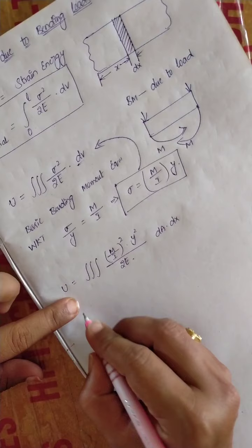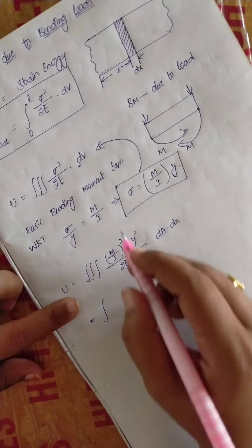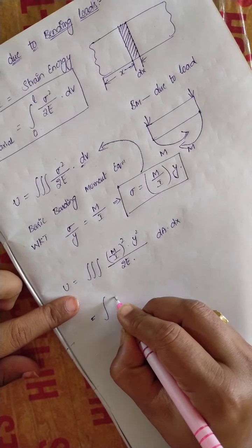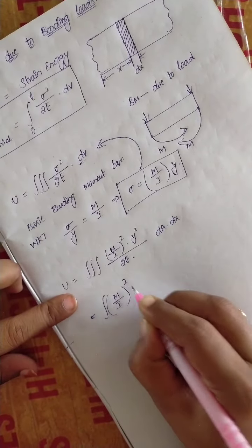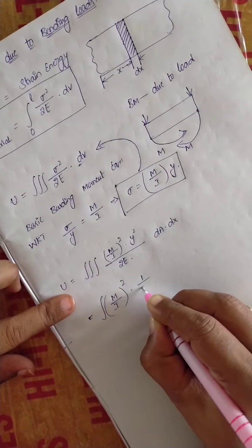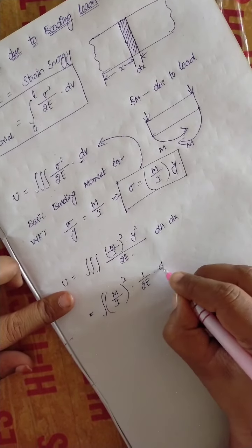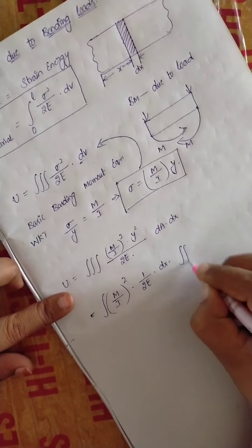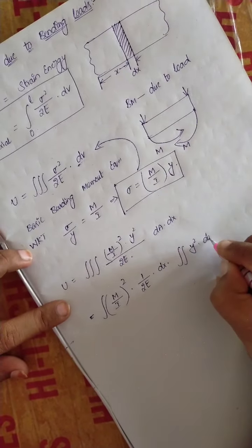Okay, now some more changes I am going to do, where a single integral I am applying for this term, that is (M by I) whole square into 1 by 2E into dx, and double integral of y square into dA.